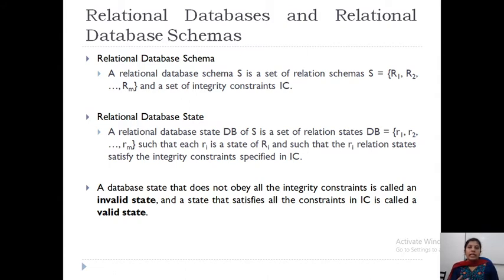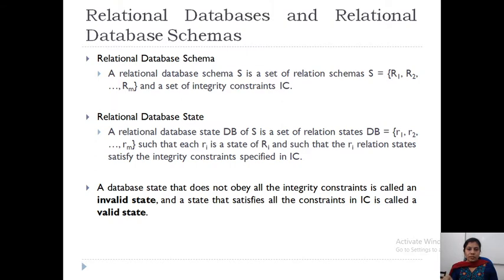And then the relational database state. Now, what is state here? We have seen relational schema and what a relation is, but here they are talking about relational database state. A relational database state is a set of relation states. For each different schema we have a state. If I have R1 as one schema and R2 as another schema, what is the relation state of R1?